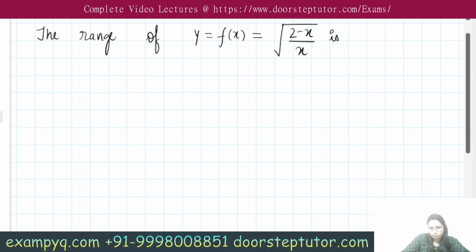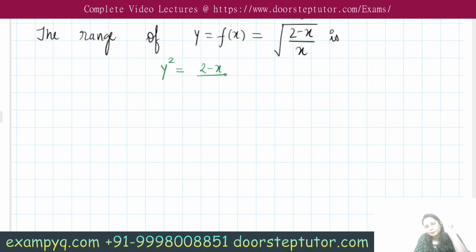Okay, let's illustrate this process with the help of an example like this. I want to find out the range. So step 1 was to write everything in terms of y. That means here we have f of x in terms of x, and we want to find out g of y. So I can just square over here and I will get 2 by x. I can simplify this like this: x y square is equal to 2 minus x.